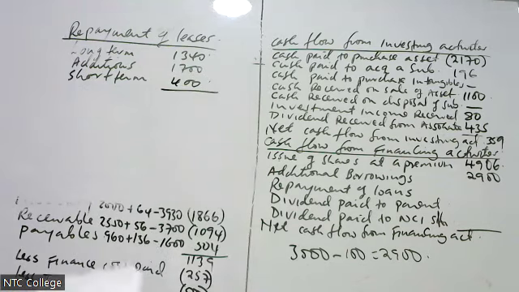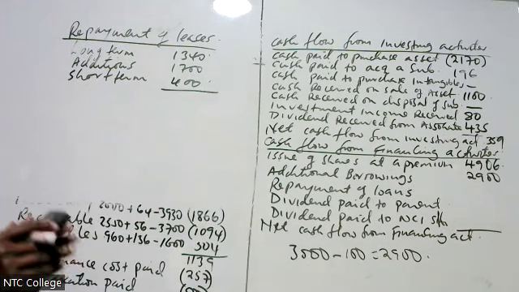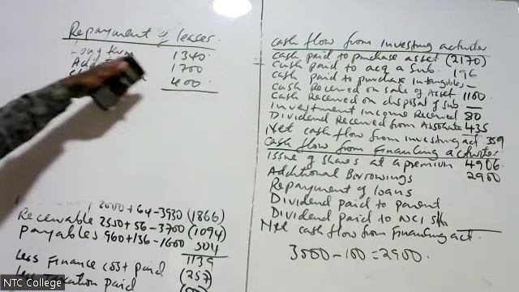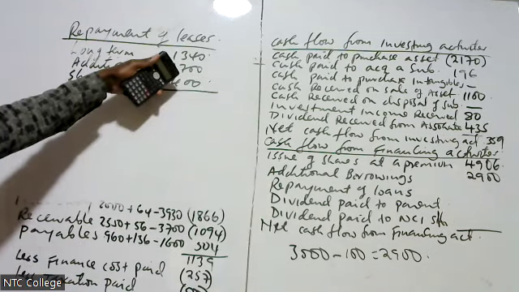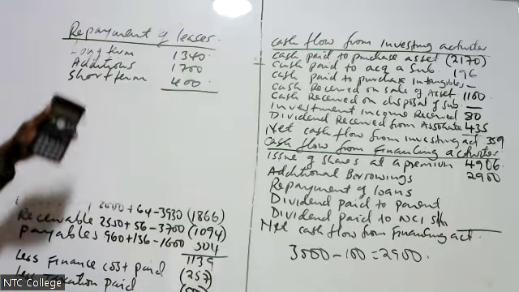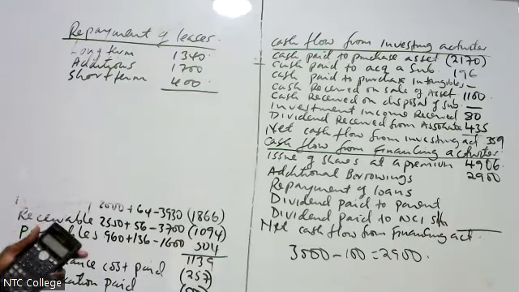Therefore, I get total. I'm comparing the leases. Long term from the previous balance sheet, 1,340. Addition during the year on PPE, 1,700. Short term, 400. What is total?